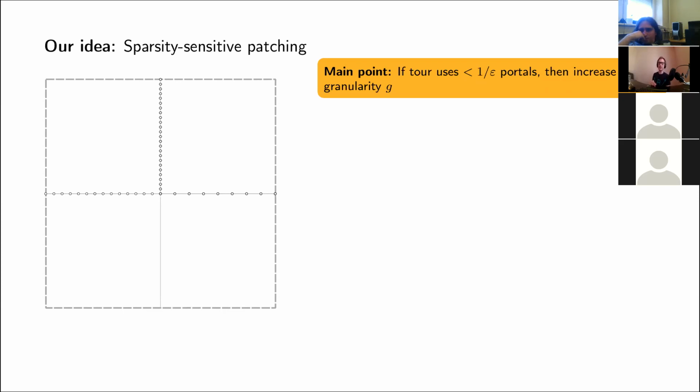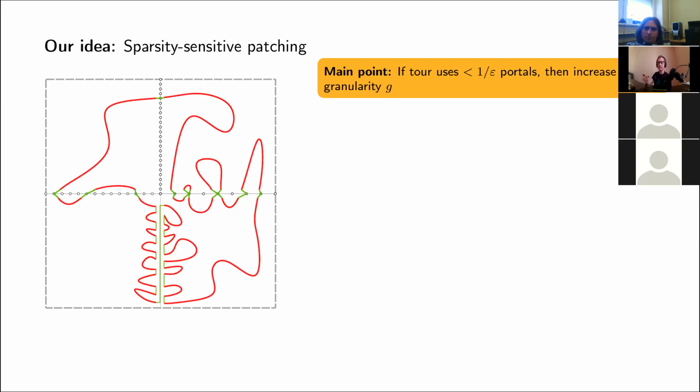When the tour is crossing it only once, we have to be super precise, because we are thinking about this epsilon cost for one crossing, and then we are doing basically the same thing as Arora.